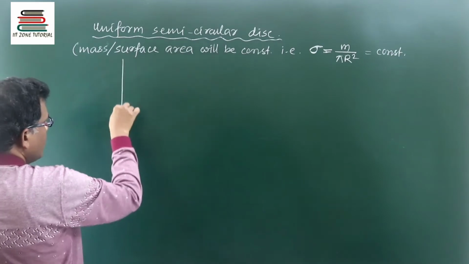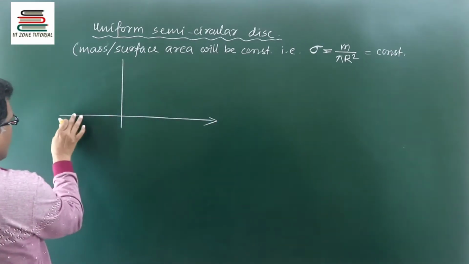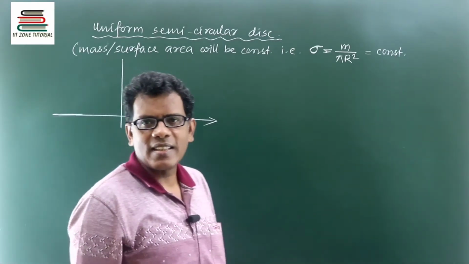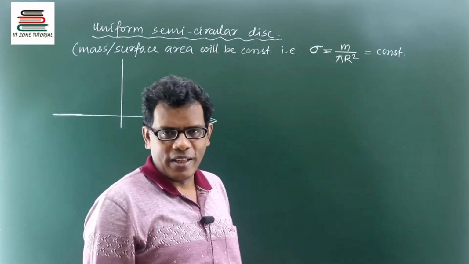Again, what I will do is consider two mutually perpendicular reference lines, such as the x-axis and y-axis, as I took in the case of the semicircular ring.